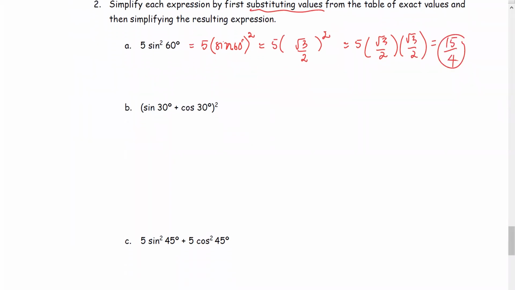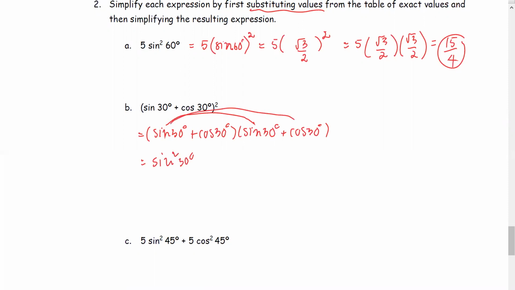And part B, the power 2 of sine 30 degrees plus cosine 30 degrees. Recall the power 2 means multiply by itself twice. So multiply the same expression twice. Sine times sine is sine squared.